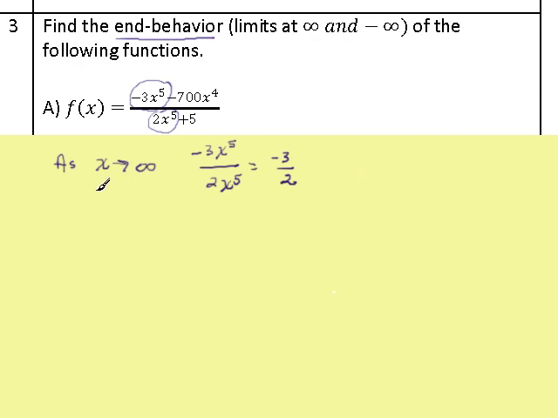And we'll actually get exactly the same thing as x goes to minus infinity. So when the end behavior is a finite number, like minus 3/2, that represents a horizontal asymptote. So this curve f of x has a horizontal asymptote at y equals negative 3/2.